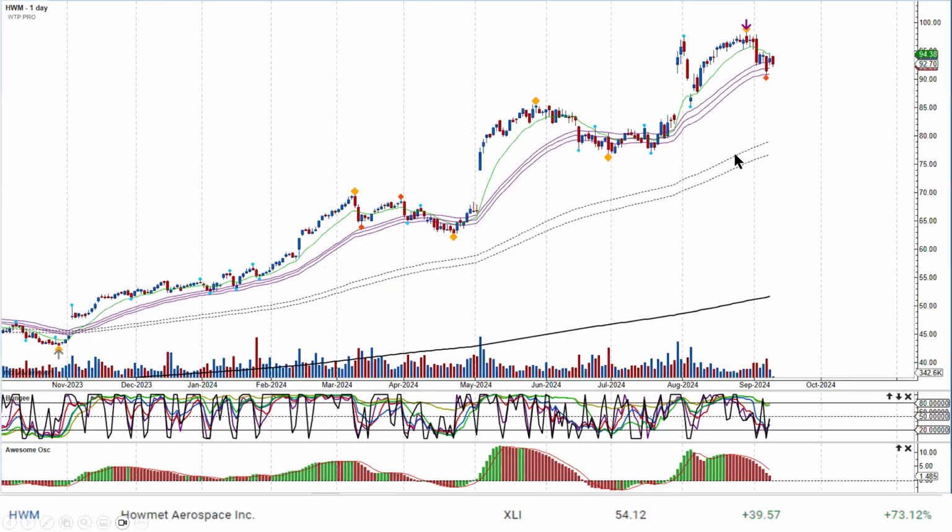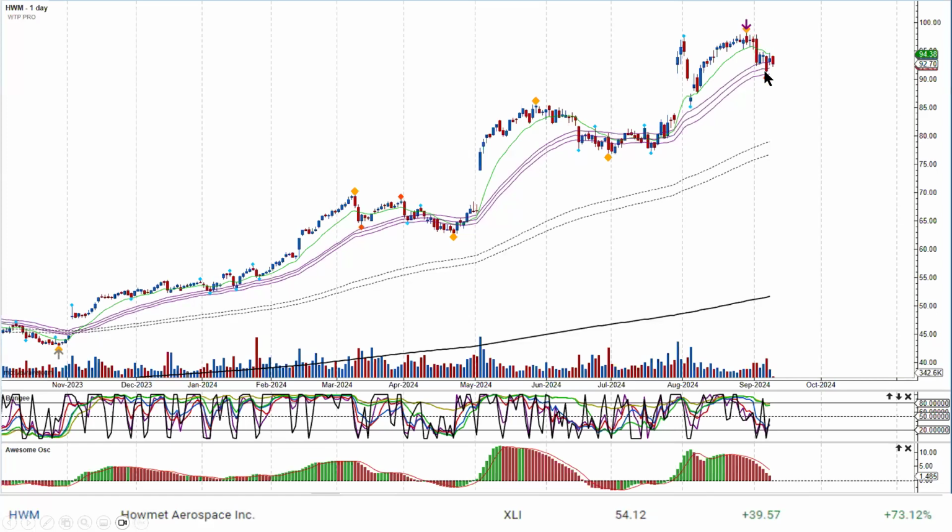Okay. Here's another one. Now this is interesting. HWM, Howmet Aerospace Inc. from XLI, up 73%. This is interesting because you have your wave and price is not correcting to the tunnel. Like, we just keep on accelerating higher and then trading sideways, but the wave is really holding the price action, and then we move up. Now we have the purple arrow.